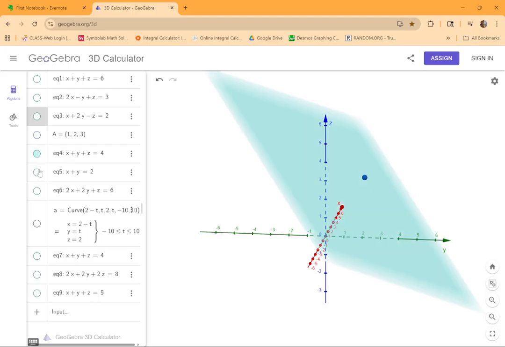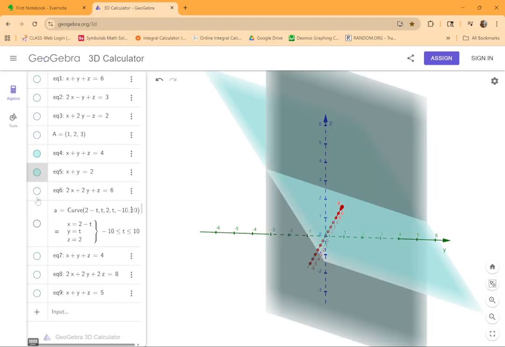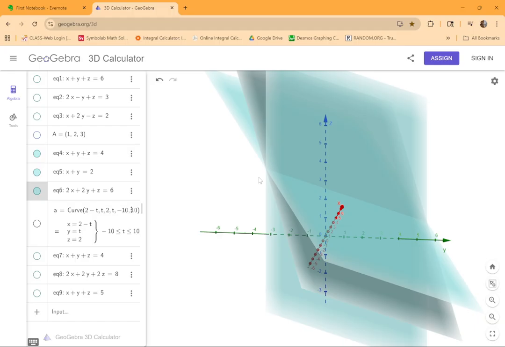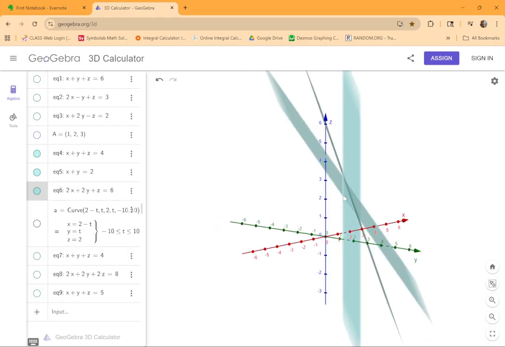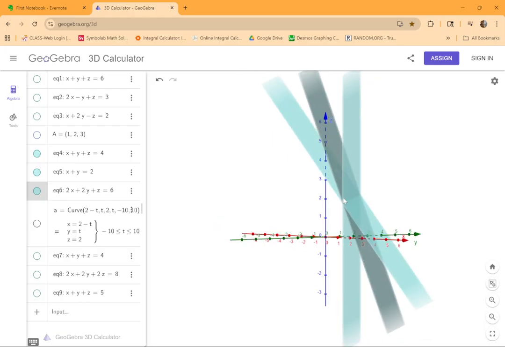Now you see here these planes are not parallel. They all go off in their different directions, but they have an intersection in common.